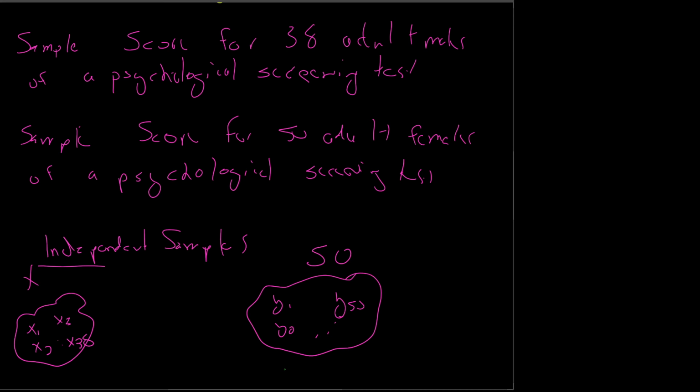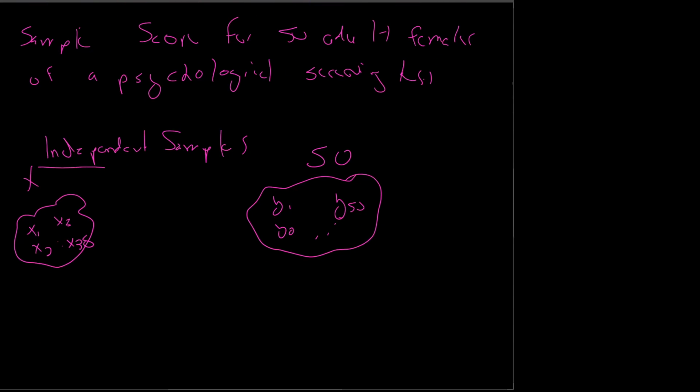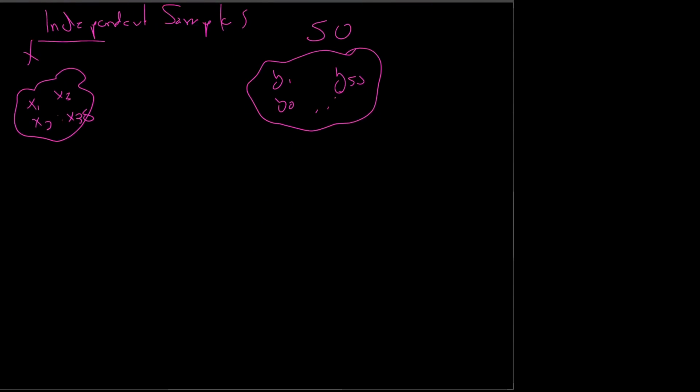When we now talk about working with two samples, we can use a very similar technique. We're going to use a null hypothesis that compares the two samples, and we're going to talk about how the parameters between the two populations compare.